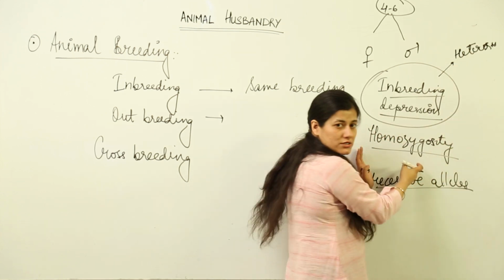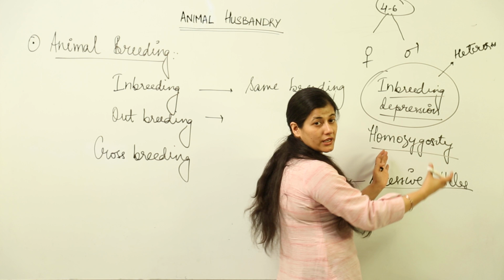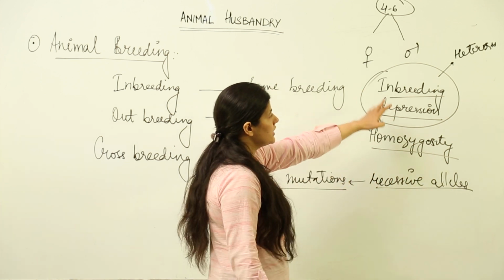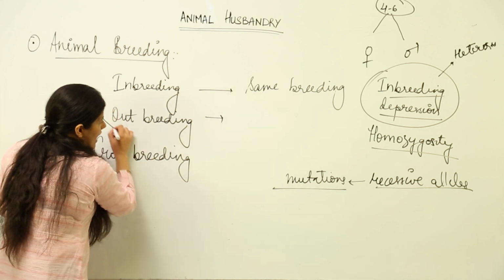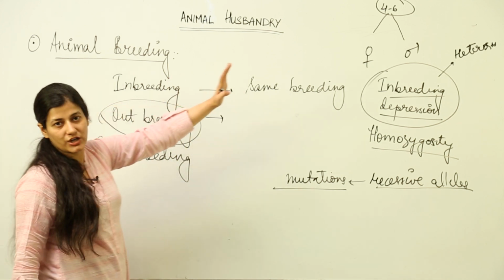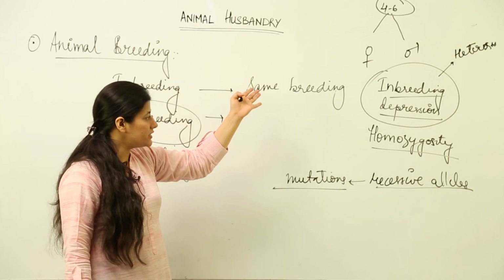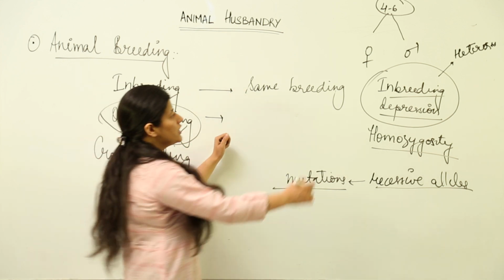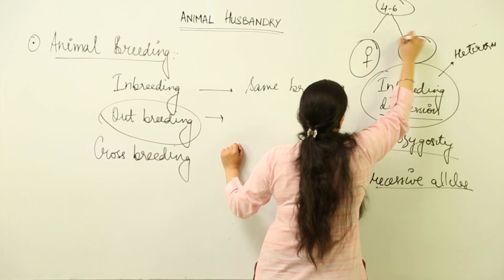If homozygosity is coming into the scenario, bring heterozygosity. How would heterozygosity be brought about? When inbreeding is replaced by outbreeding. The 4 to 6 generations will not have common ancestors. Instead, the female belongs to some other breed and the male belongs to another breed.